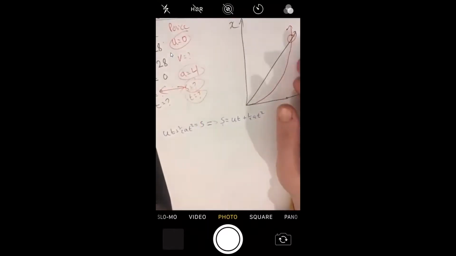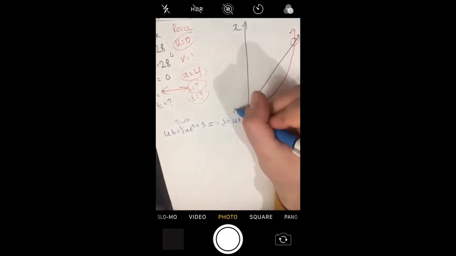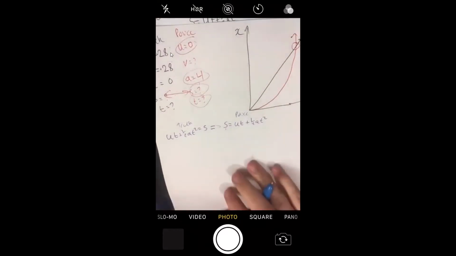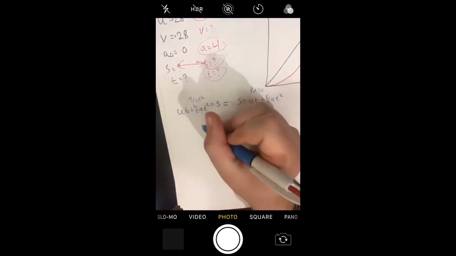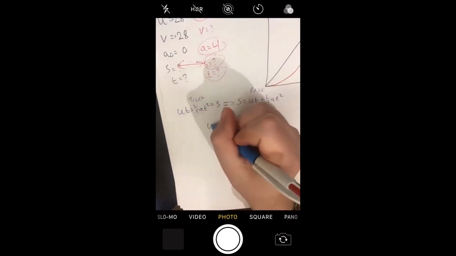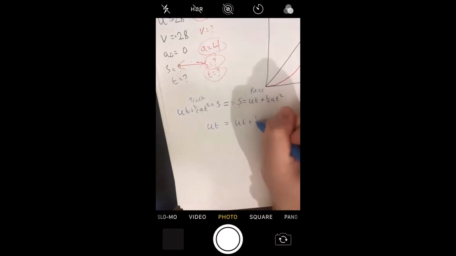That's why this is curving up. But with the truck, that's a bit weird, because for the truck we know that the acceleration is 0. So it's actually just going to be UT equals UT plus half AT squared.